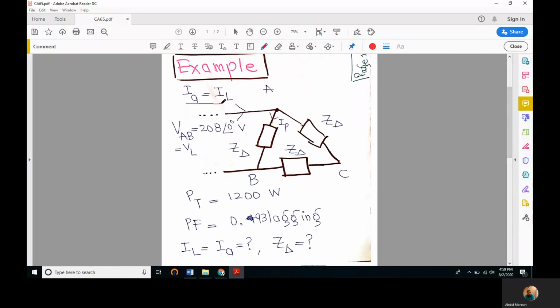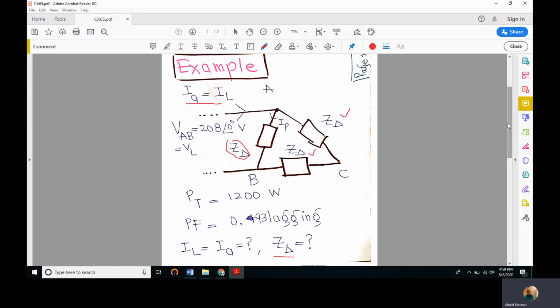The impedance Z delta is the same in all three phases, so we have to find the impedance of one of the three phases, Z delta.